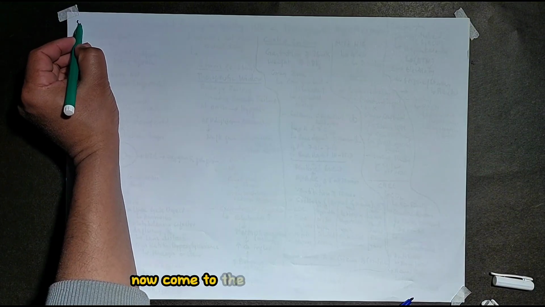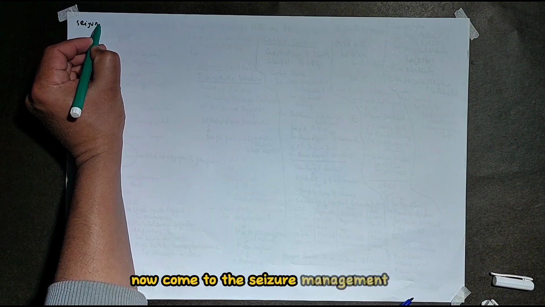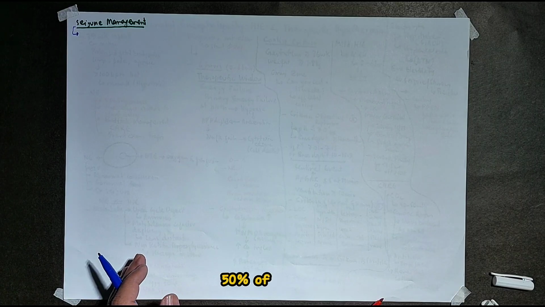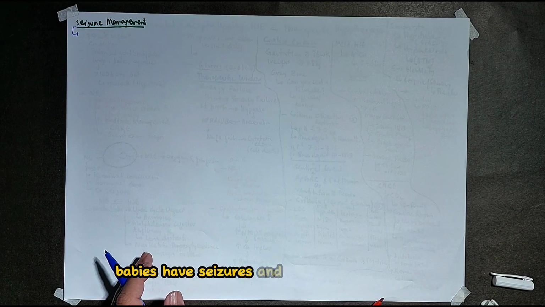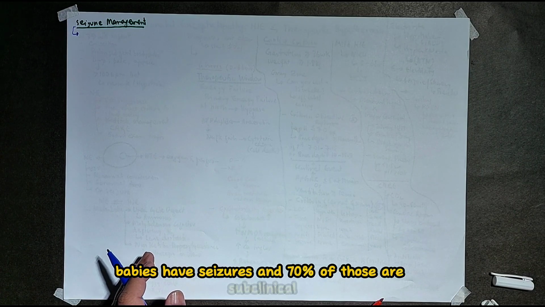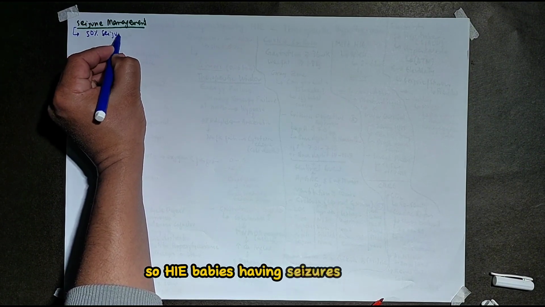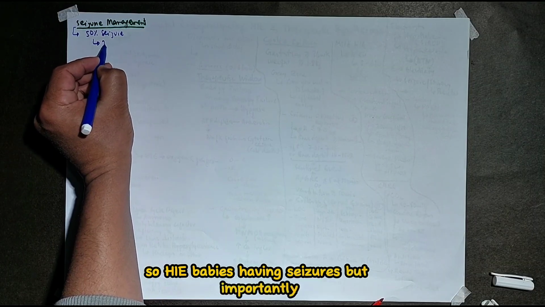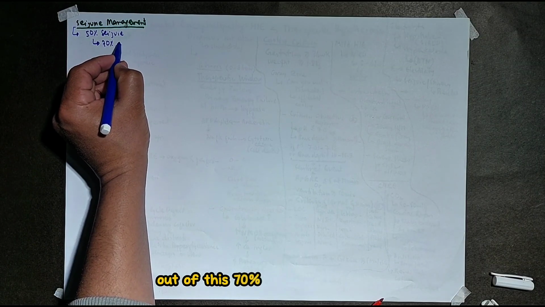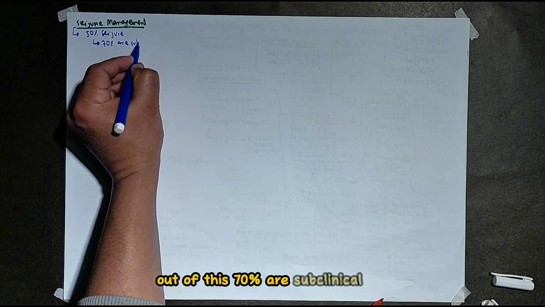Now come to the seizure management. 50% of HIE babies have seizures and 70% of those are subclinical. So HIE babies have seizures, but importantly, 70% of these are subclinical.